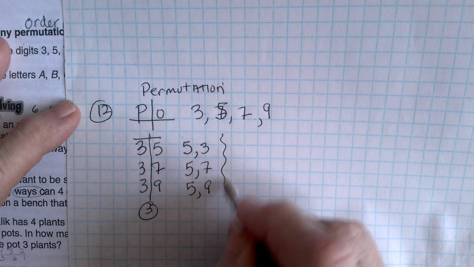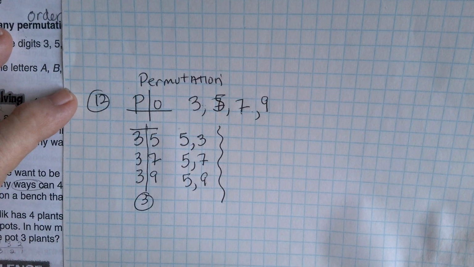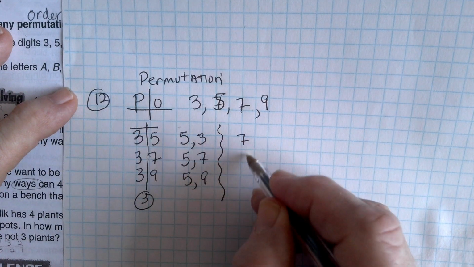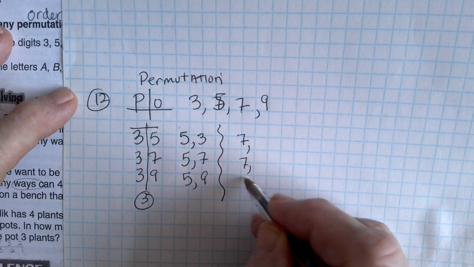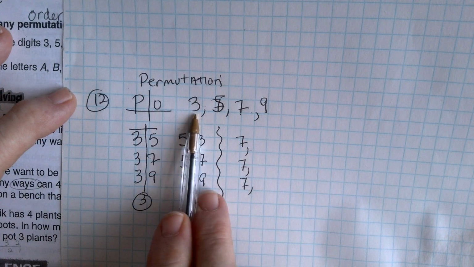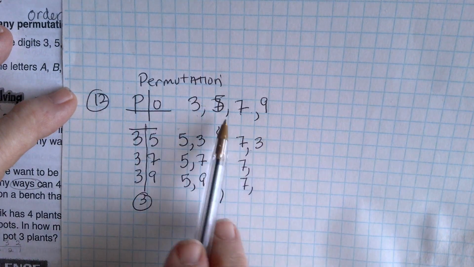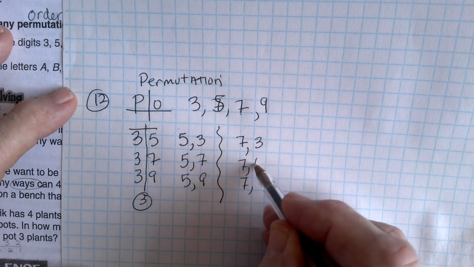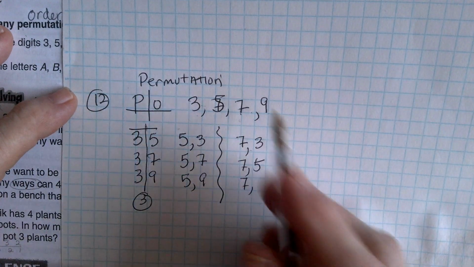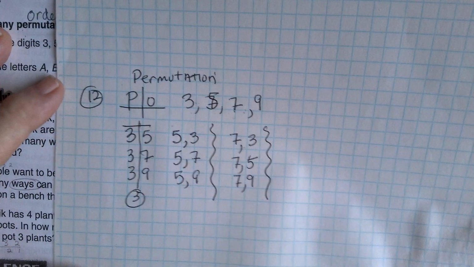All right, so we've got that. Then 7 could be the pitcher. So 7, comma. So his outfielder can be who? 3. The 3, and then who? The 5, and then who? The 9, because it can't be 7, it has to be 9. Okay. And then we've got one more.